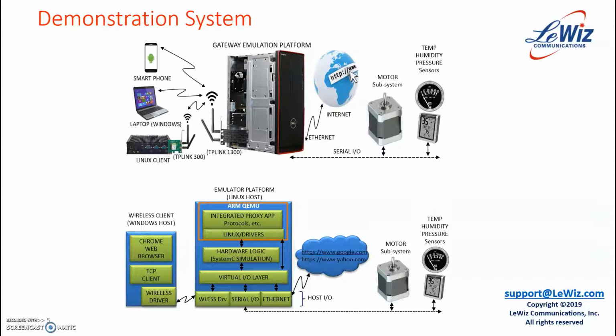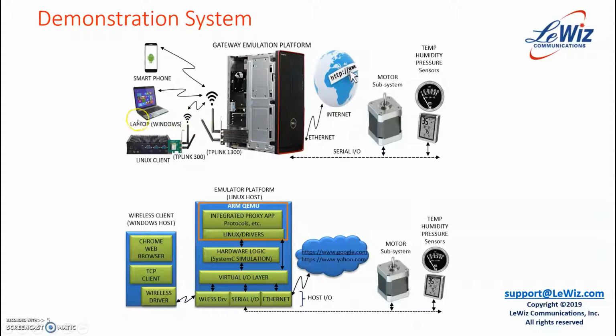In the demonstration today, we have implemented a wireless gateway system emulated on a computer system. On the left-hand side, we create the wireless network, and various devices such as a smartphone, laptop, or embedded Linux client can be connected to the gateway system through the wireless network.